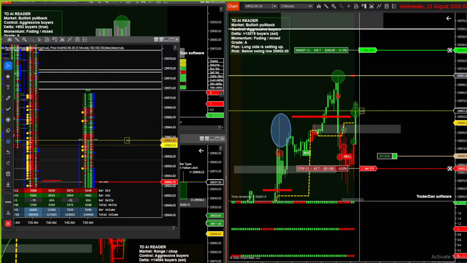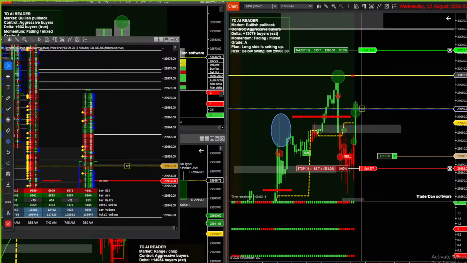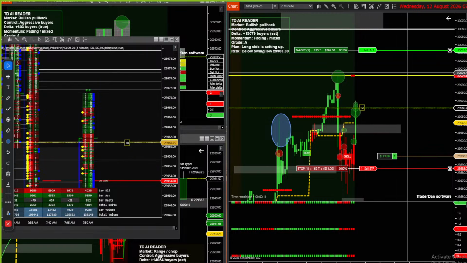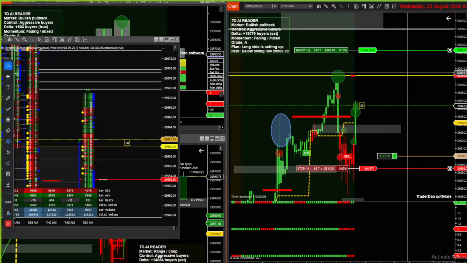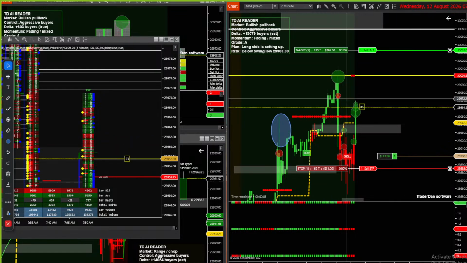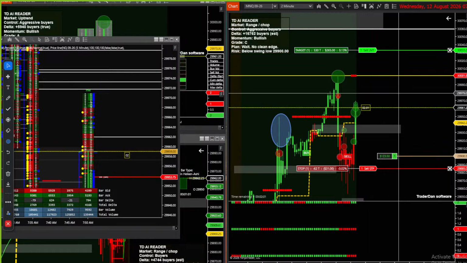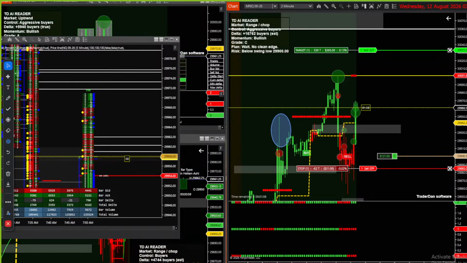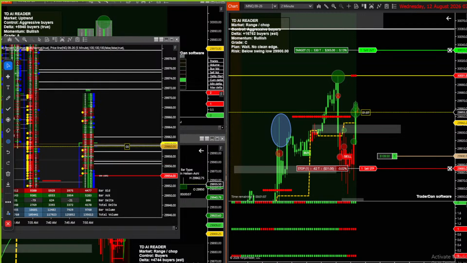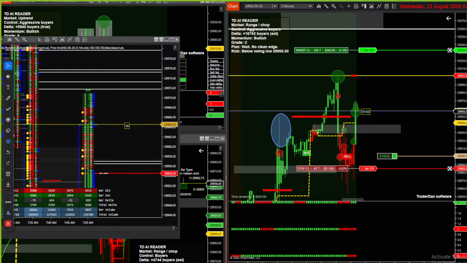Can we close solid? We may get another candle back down to our entry before the next push. A lot of buyers in this market now.